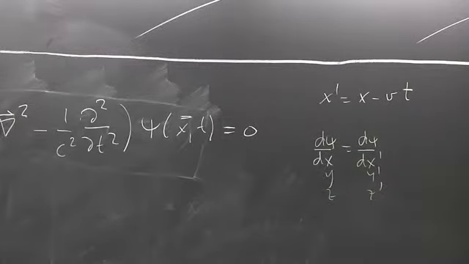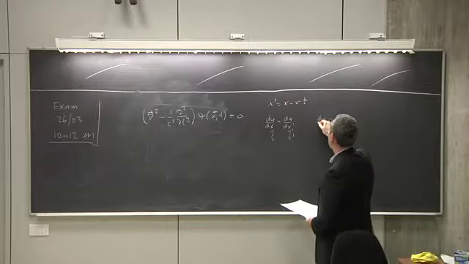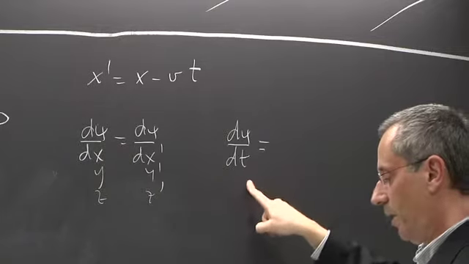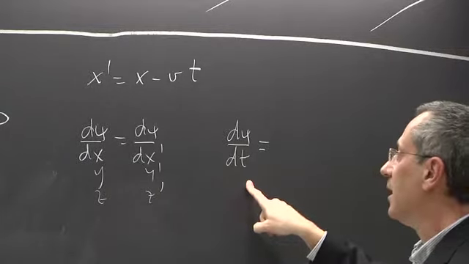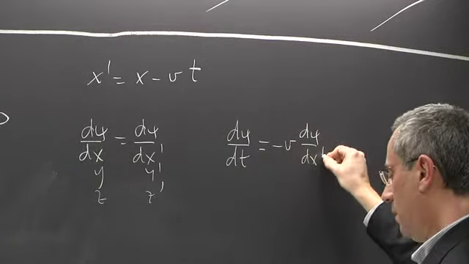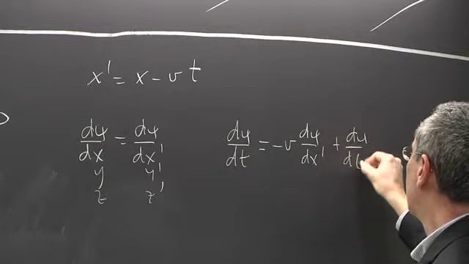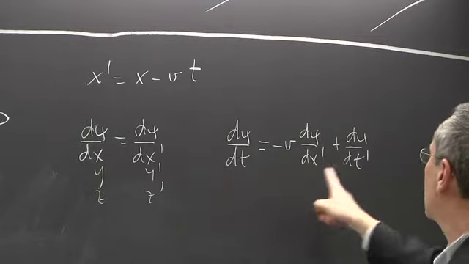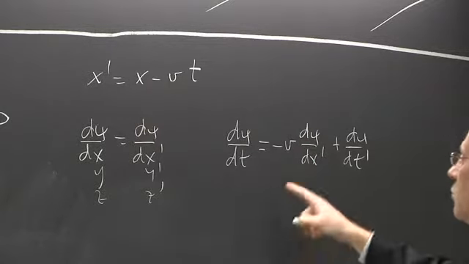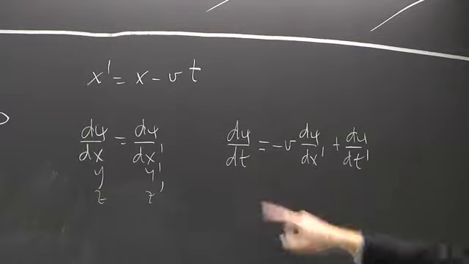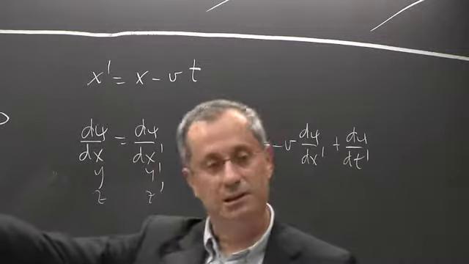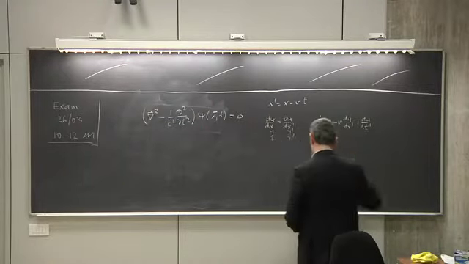But you see that the time derivative may lead to trouble, because the time derivative of this, right, is like minus v d psi dx prime plus d psi dt prime, right? So this is not equal to this. It has an extra term because of this dependence in the transformation, right? So you go from the prime quantity to the unprime quantity, not in the simple form that would lead to an invariance, okay, but to this sort of mixed term.